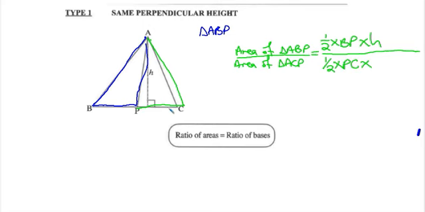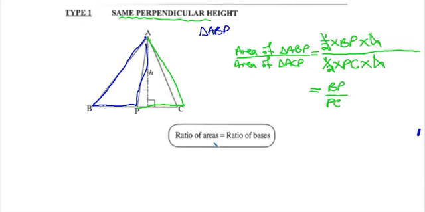times the perpendicular height. Now, we say the two triangles are sharing the same perpendicular height, this one which is going to the apex, to the highest point of the big triangle. So simplifying that, height cancels with height, half cancels with half, so we are left with BP over PC.